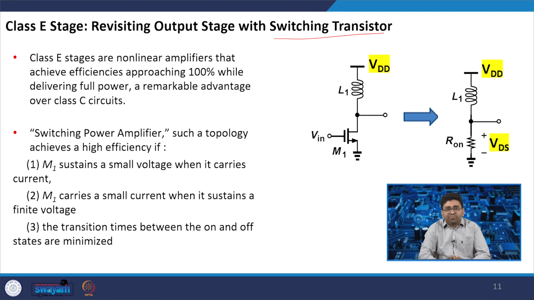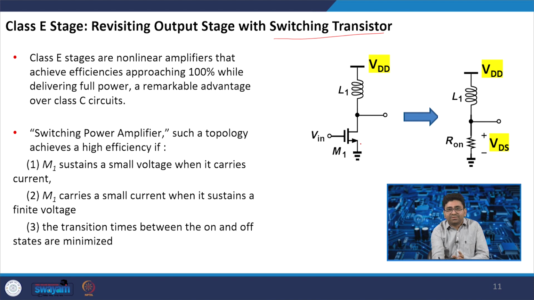and it has a very remarkable advantage over class C circuits. A switching power amplifier achieves high efficiency if this M1 transistor, which is shown here, sustains a small voltage when it carries a current, meaning it is like a complete short. And M1 carries a small current when it has a finite voltage, meaning when it is on it should pass the current, like an ideal switch.